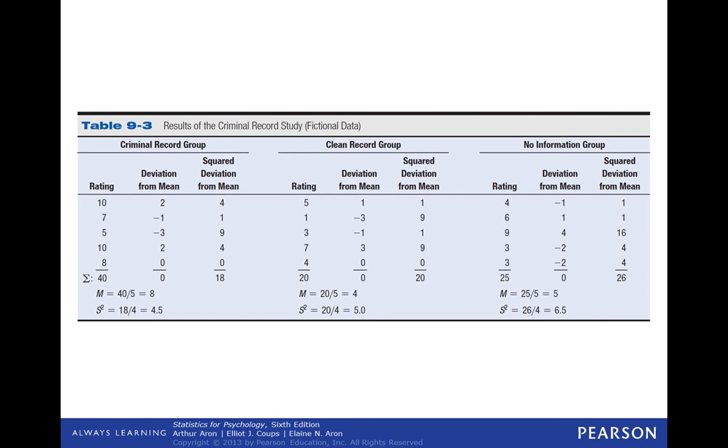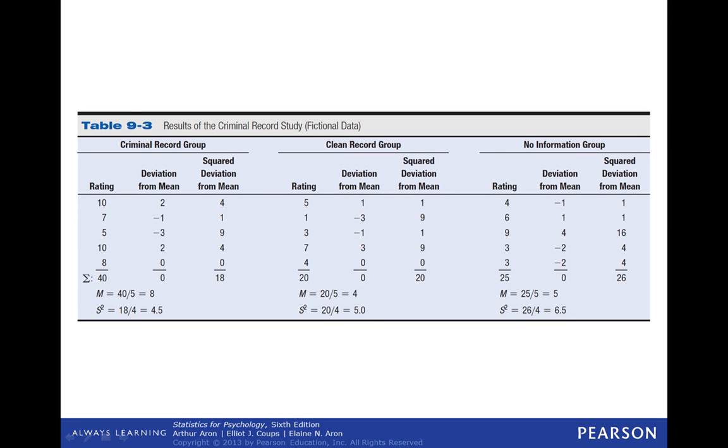If you take that sum and divide it by the total number of participants, which is 5, you'll get a mean of 8. If you then take your mean score and subtract it from each one of your participant scores, you get the deviation from the mean. Remember, the deviation scores should always add up to 0. If it adds up to 0.1 or something along those lines, that's simply due to rounding.